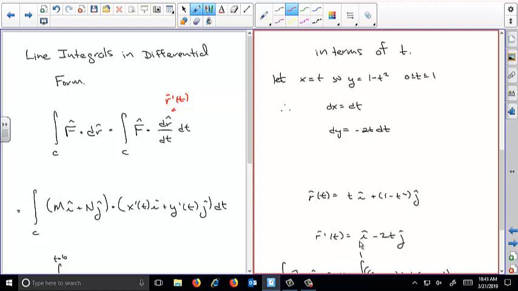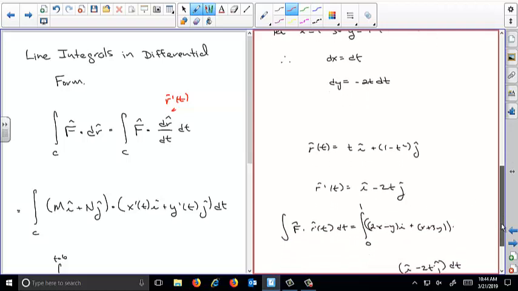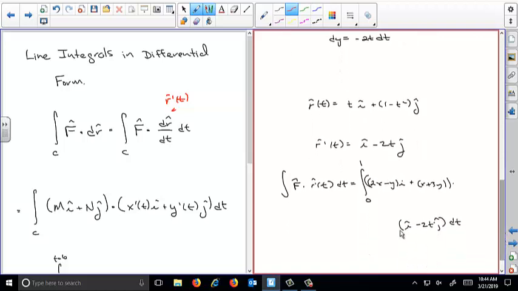The derivative is i minus 2t j. So in this case we're using the non-differential form, and then we'll use the differential form to show that they're the same thing. This is your force vector, your field vector. This is the derivative of the position vector. Then you take the dot product.